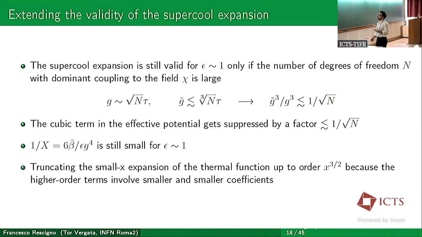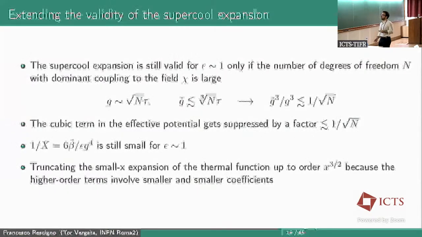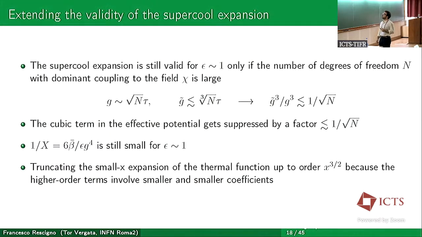The supercooled expansion generically breaks for epsilon of order 1 because it's valid for epsilon less than 1. But there is an exception. In fact, it is valid for epsilon of order 1 only if the number of degrees of freedom with dominant coupling to the field phi is large, since the two generalized couplings scale with the number of degrees of freedom in this way.